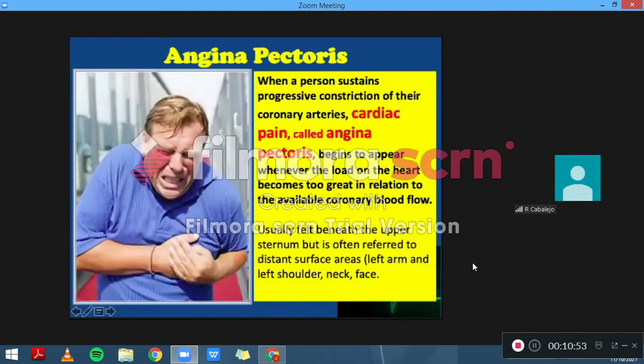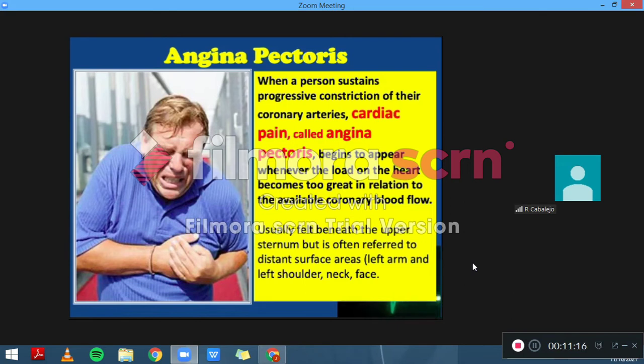The most common clinical symptom of coronary ischemia is angina pectoris, or myocardial chest pain, which has to be differentiated from chest pain originating from other structures in the chest, like your costal cartilages, muscles, bone, and pulmonary structures. They may all mimic the pain of myocardial ischemia.